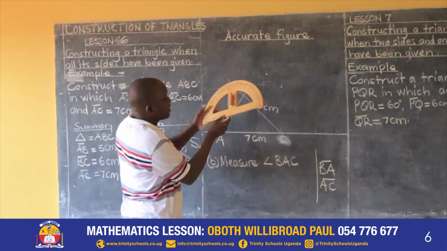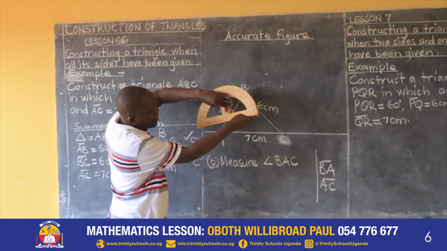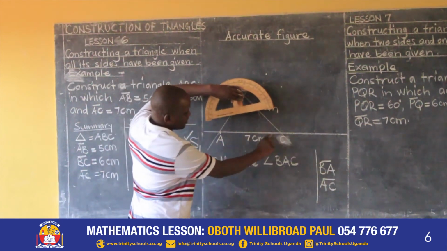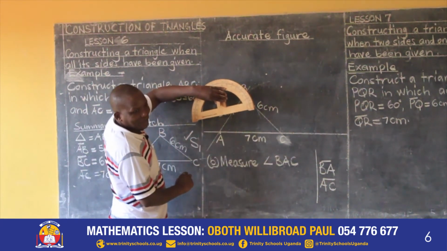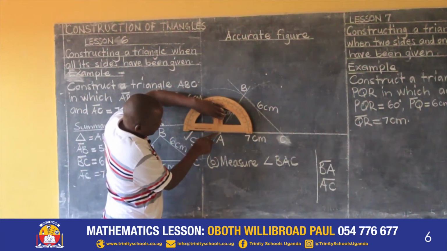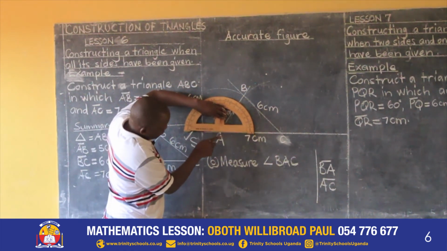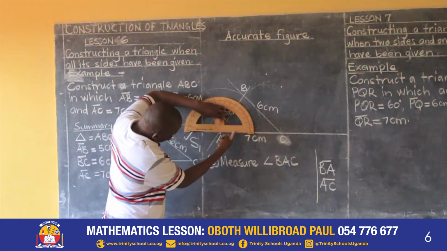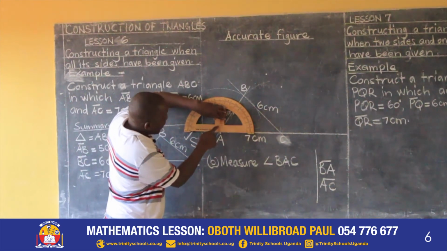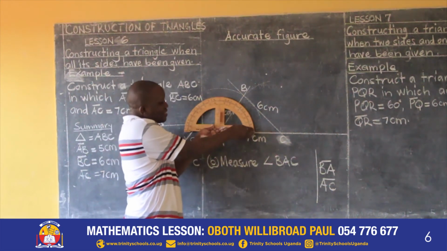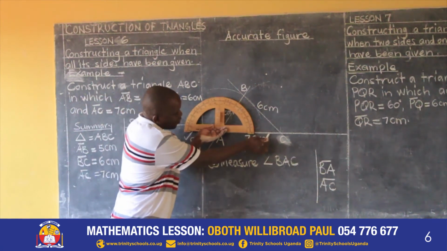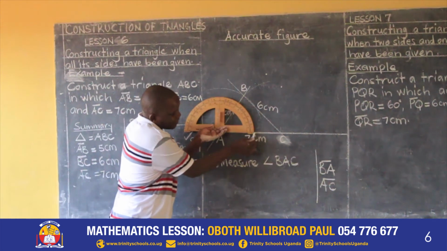So center the protractor at that point, and that line should sit on top of this other baseline. And since the angle we are measuring is that side, you begin counting from 0. Look at the 0 of the protractor which is sitting on that line.